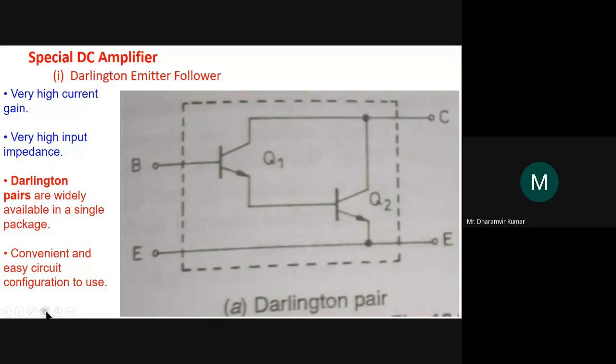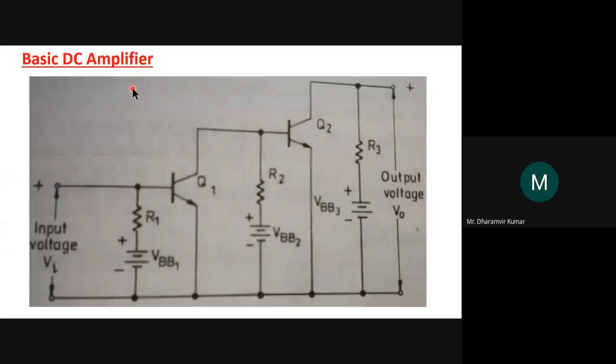Okay, so let us start with this topic, the Darlington emitter follower. Before this we had seen a basic DC amplifier that consisted of a simple two stage. This was the first stage, and this was the second stage.